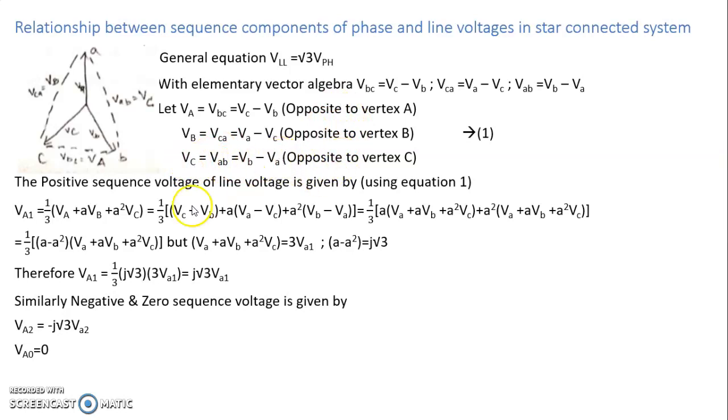Now these equations I am going to use in the positive sequence voltage. The positive sequence voltage of a line voltage, we know, VA1 is equal to 1/3 (VA + A VB + A² VC). Now in this, we already know VA is VC minus VB, which I have substituted; VB is VA minus VC, substituted; VC is VB minus VA, substituted.